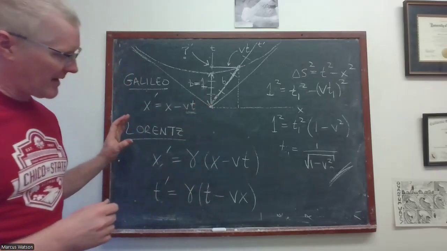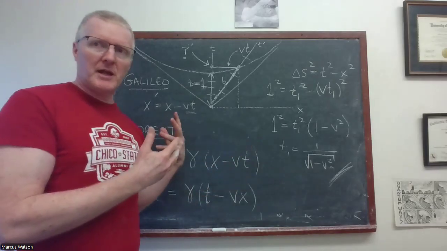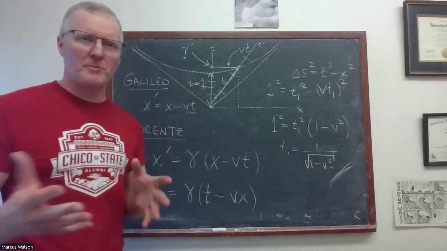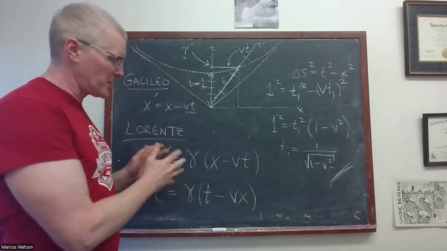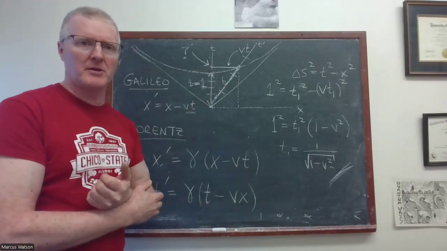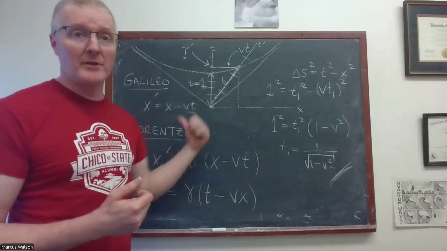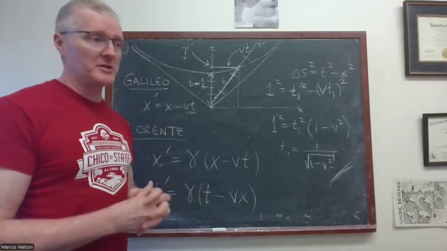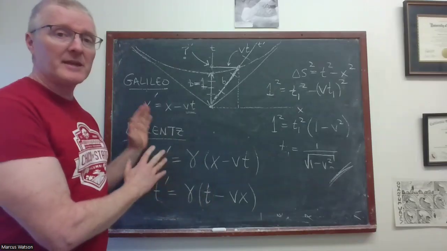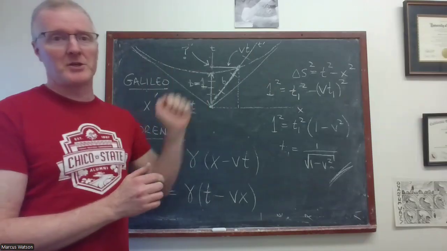Anyways, I put these up here mostly because a lot of people use them. I don't so much use them. I don't concentrate on these a whole bunch. I prefer to spend time looking at the space-time diagrams and using the interval rather than using the Lorentz transformations. Nonetheless, they do give you the same result if you go this direction versus the interval direction.